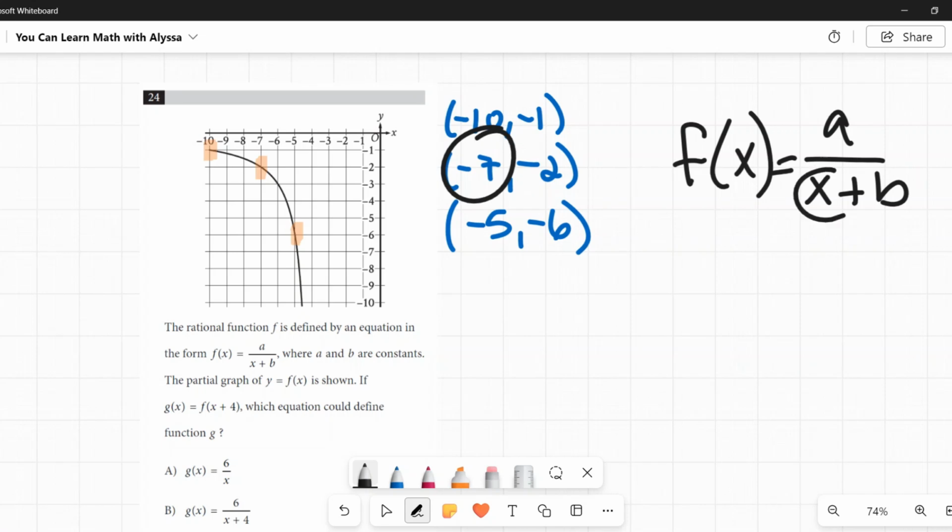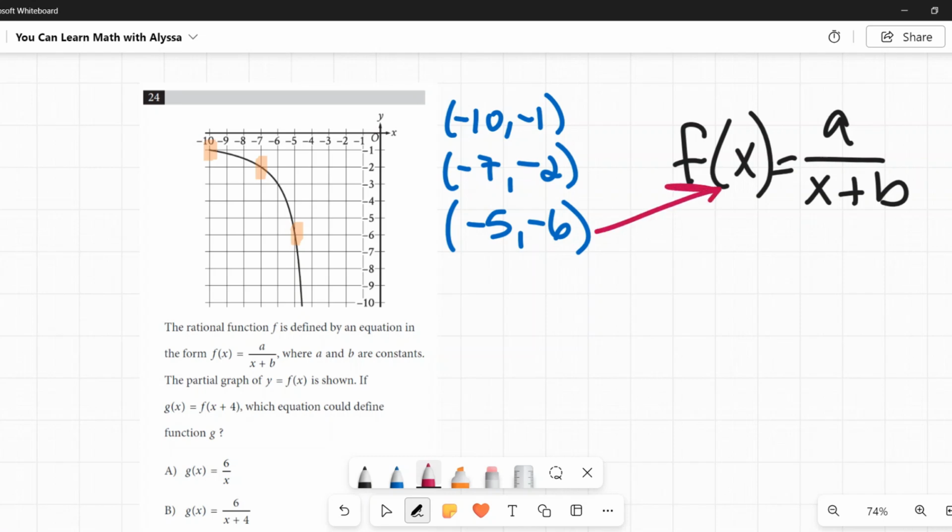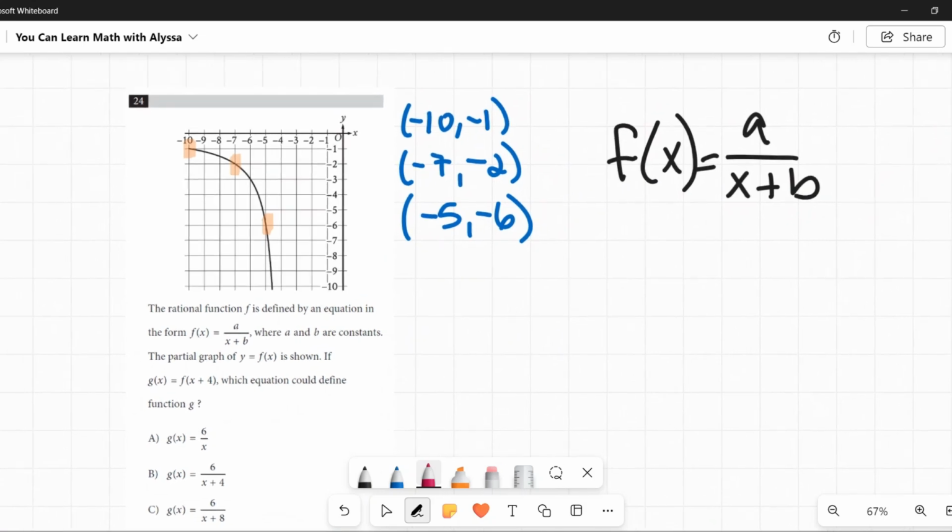If I put -7 in here for x and I do this math, I'm going to get -2 as my output, etc. So I'm going to take 2 pairs. I'm just going to pick these 2. It doesn't matter. You can pick any 2 you want. And I'm going to plug each of them into this equation in turn, and then I will have 2 equations. I'll have a system of equations, and that will help me solve for a and b.